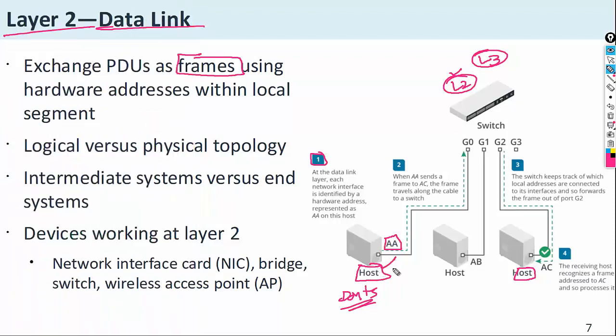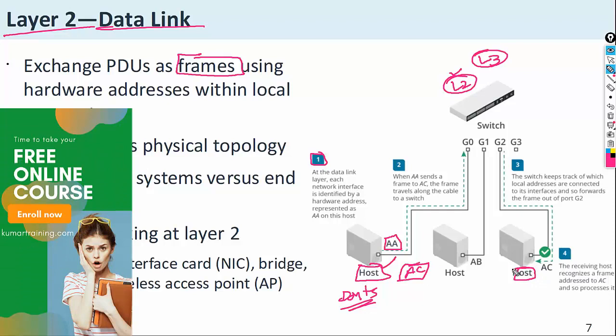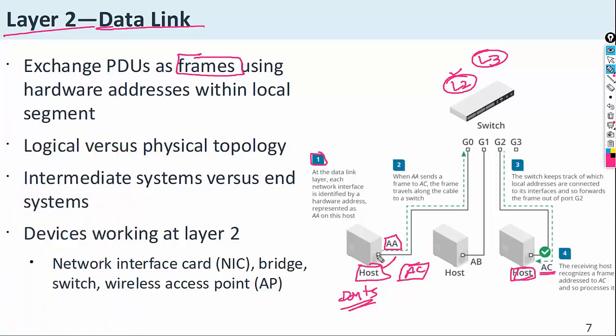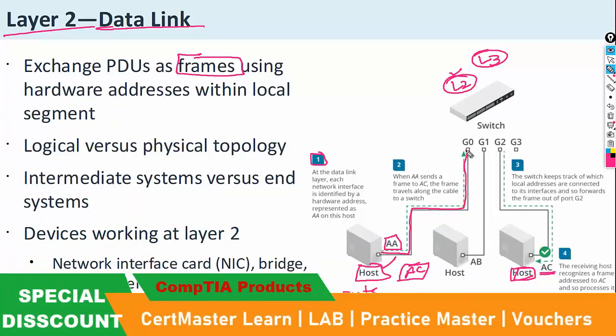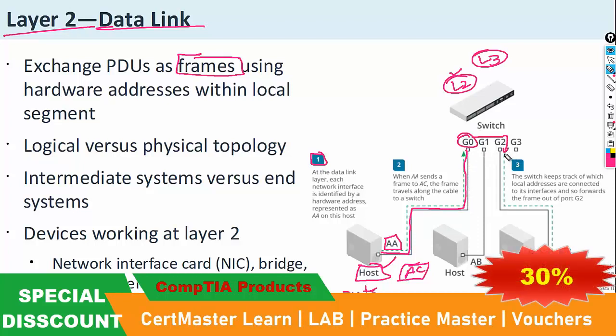First, a host wants to send data to AC, meaning the host which has the MAC address AC. So it will send the data, and the data will reach the switch. The switch will forward it on the port to which AC is connected.